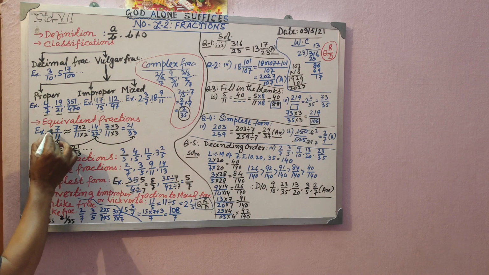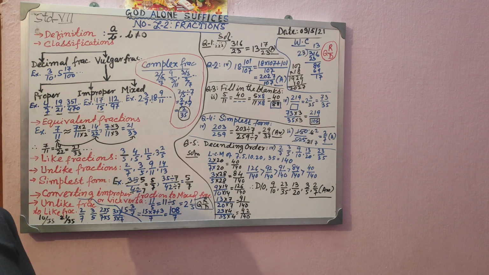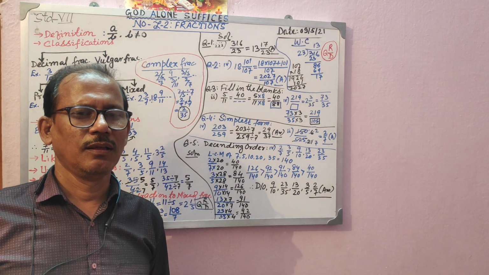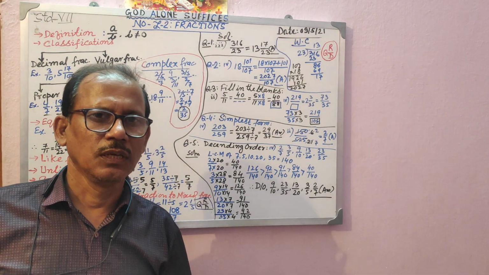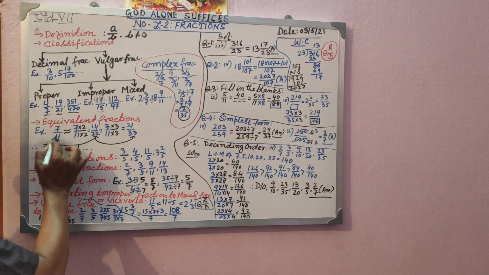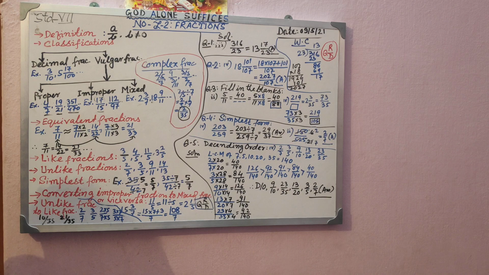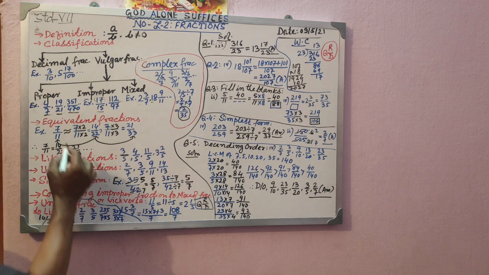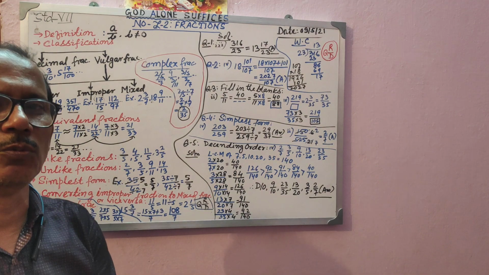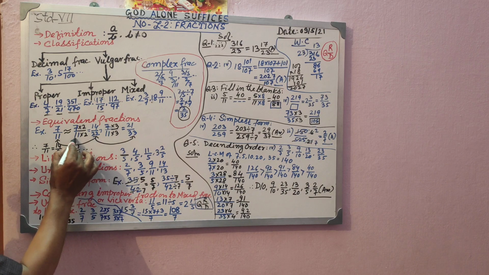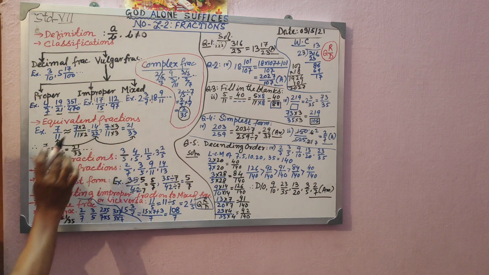Suppose 7/11. How will you create an equivalent fraction for any given fraction? It is very easy. You multiply both the numerator and denominator with the same number. You start from 2, you don't start from 1, because if you multiply by 1, the same numerator and denominator will remain. So multiply numerator and denominator of 7/11 with 2, and you find 14/22.